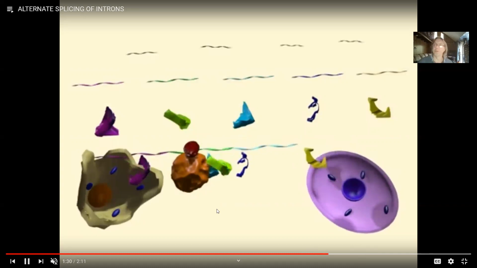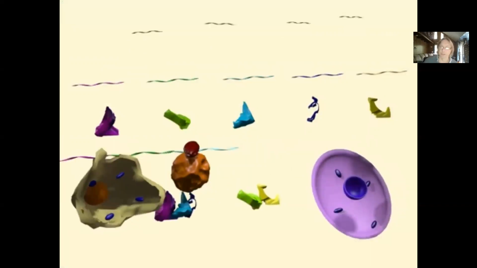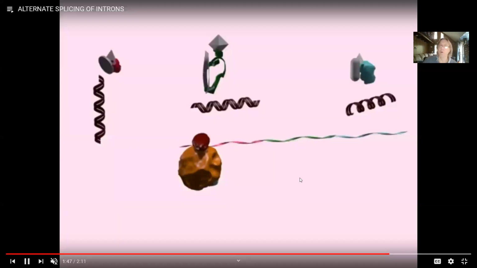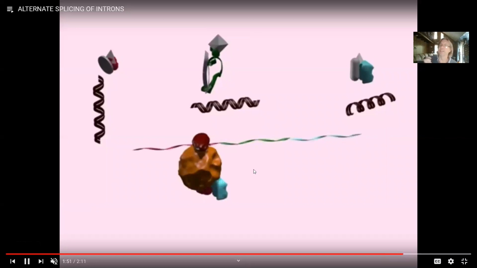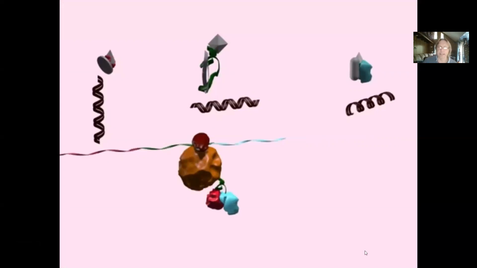And so when you ask, do, say, liver cells, do white blood cells, do brain cells use this gene? The answer could be yes. All of those cell types use this gene. But what does the protein look like in each of those cell types? It could vary from cell type to cell type, because one cell type could splice out the introns in a different order.